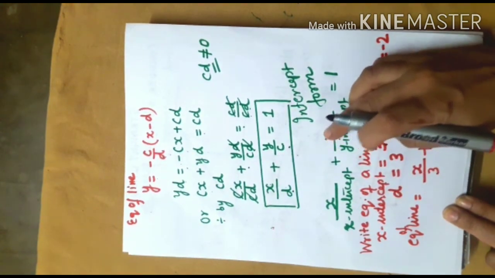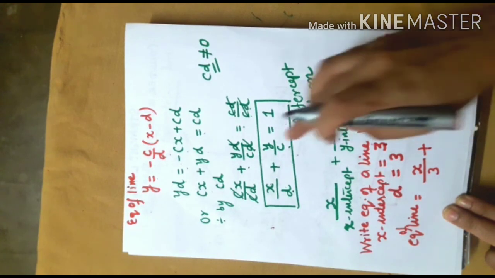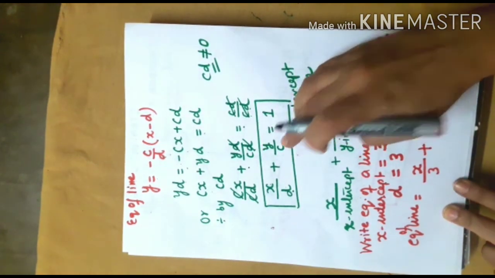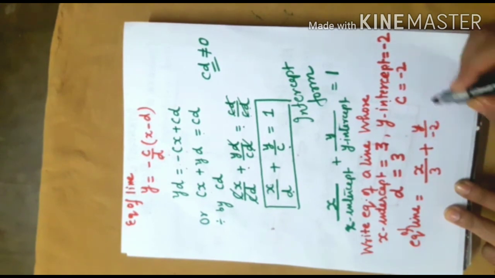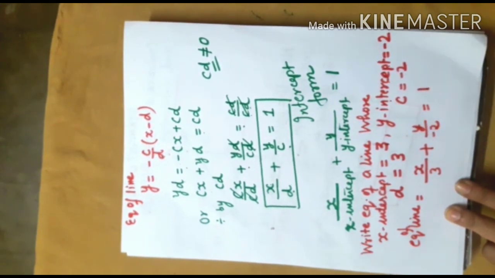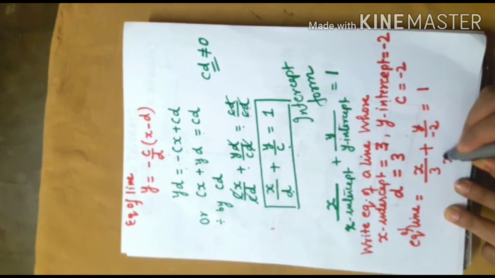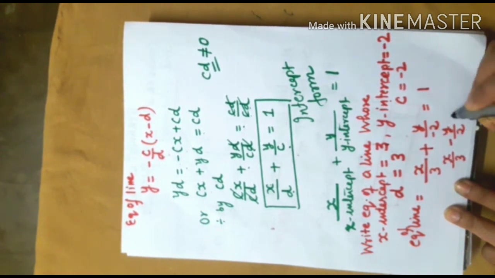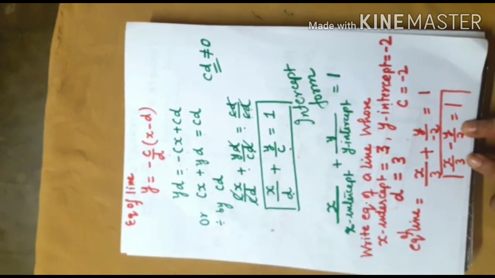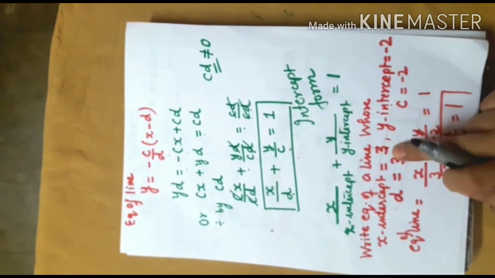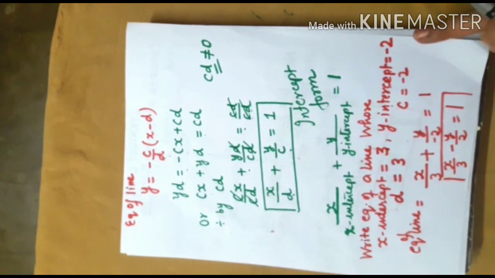Plus y over y-intercept, that is y over c. What is c? Minus 2. So y over minus 2 equals 1. So I can write this as x over 3 minus y over 2 equals 1. This is the equation of the line whose x-intercept is 3 and y-intercept is minus 2.